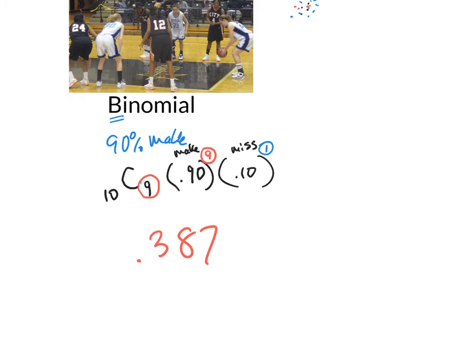Would you rewrite that formula for her making 10 out of 10 shots and find out the probability of that? All right.